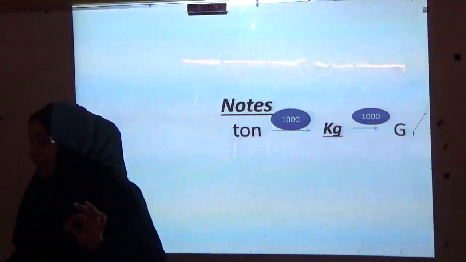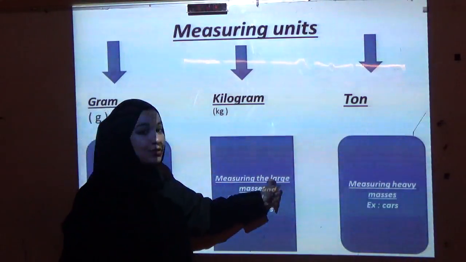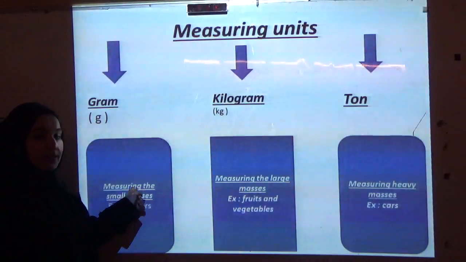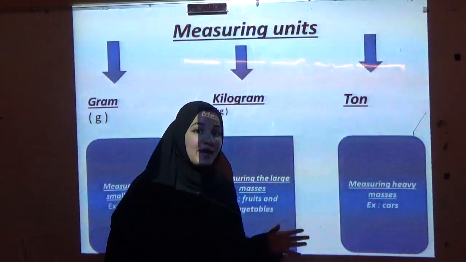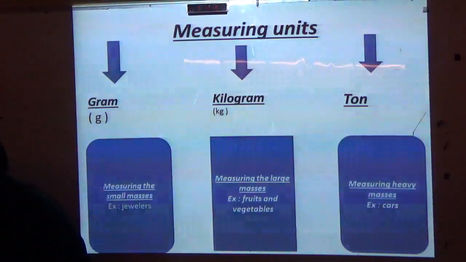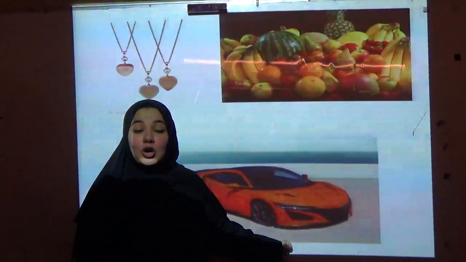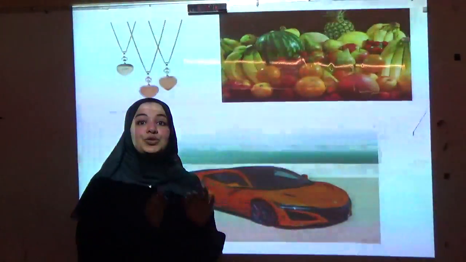I have three main units, called gram, kilogram, and ton. Gram, small masses. Kilogram, large masses. Ton, very heavy masses. For example, the car is very heavy in mass, so we use ton.